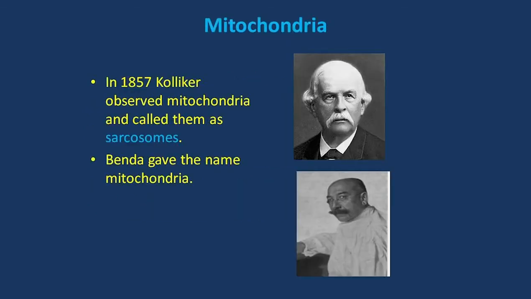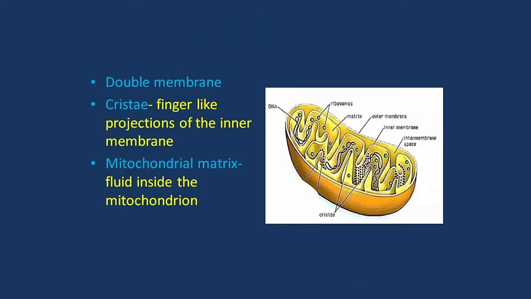Now let us look at mitochondria. Mitochondria were observed for the first time by Kolliker, and he called them sarcosomes. The name mitochondria was given by Benda. Mitochondrion is surrounded by a double membrane. The inner membrane produces finger-like projections called cristae.